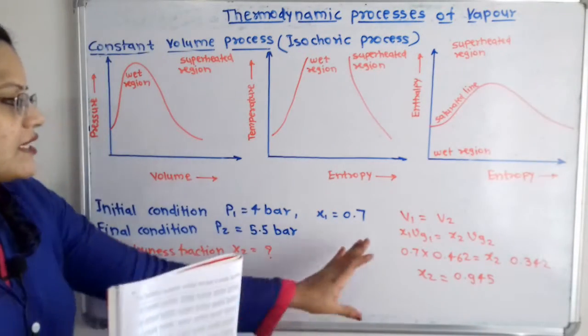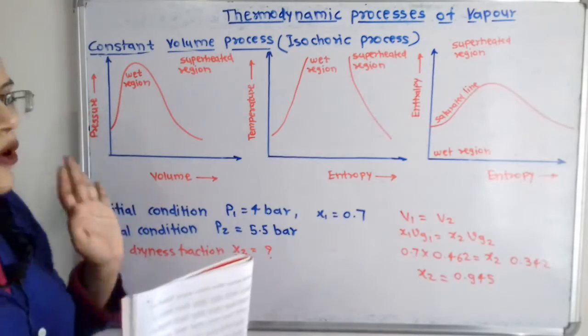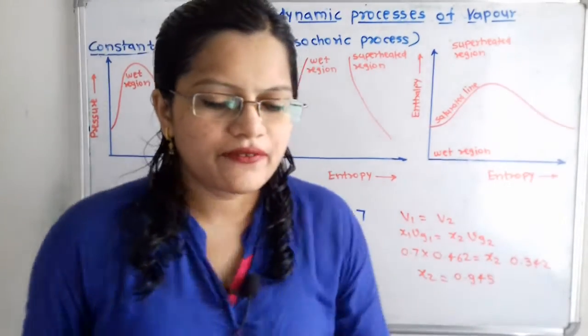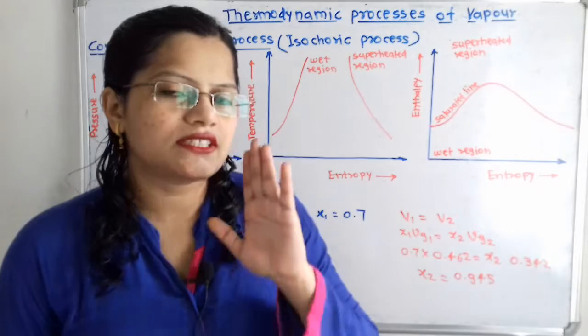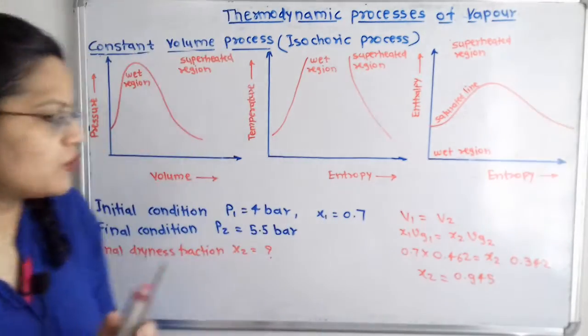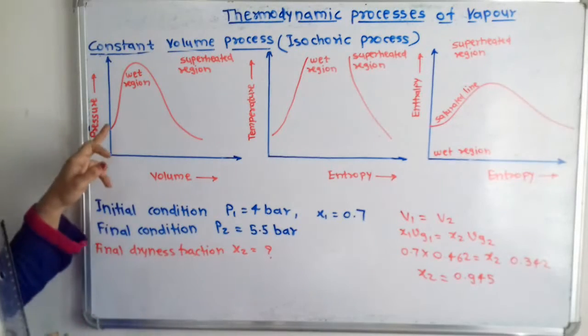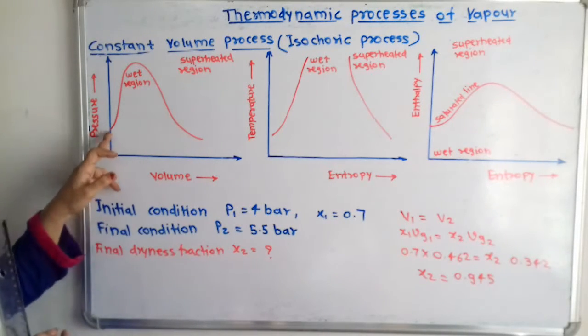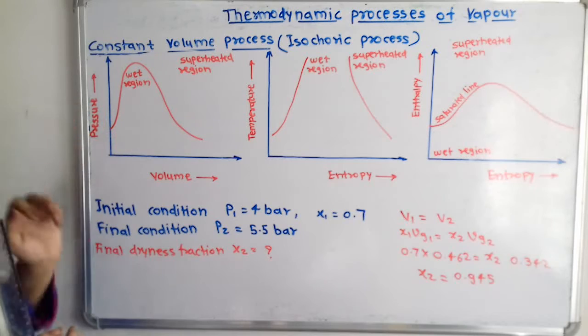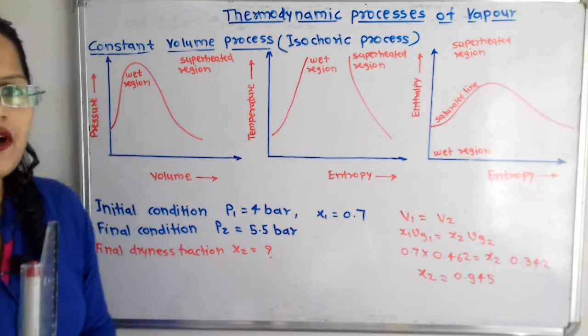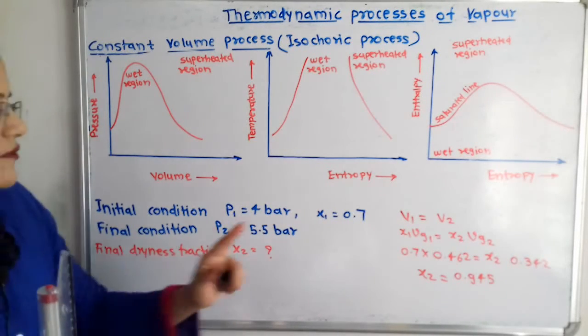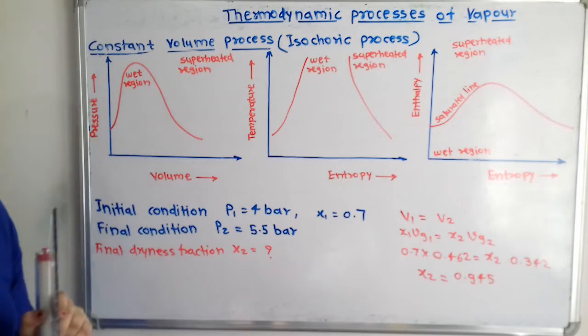Now we will draw this in the pressure volume diagram. Now if we observe, this is the process, that is the constant volume process. So V1 is equal to V2. And pressure at point 1 is 4 bar and the pressure at point 2 is 5.5 bar. Now how to show that? Now x1 is also given 0.7.